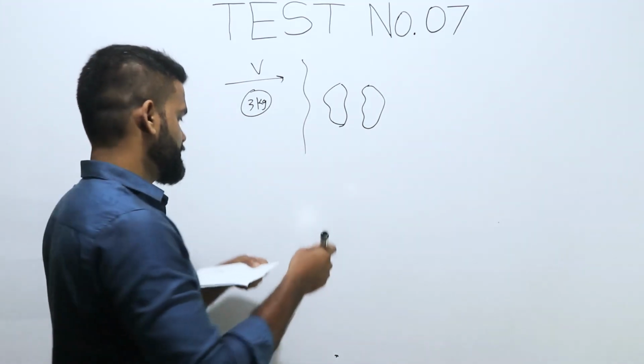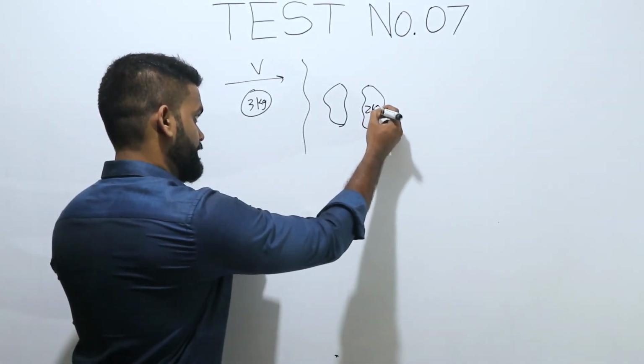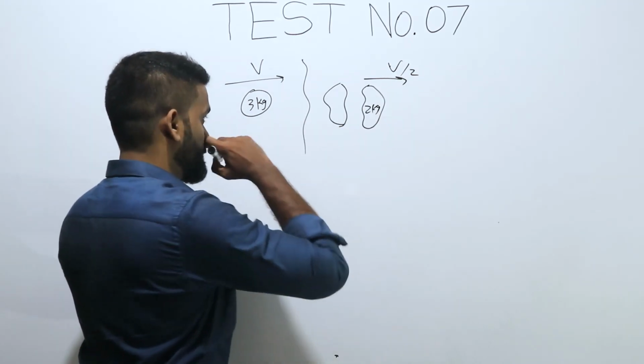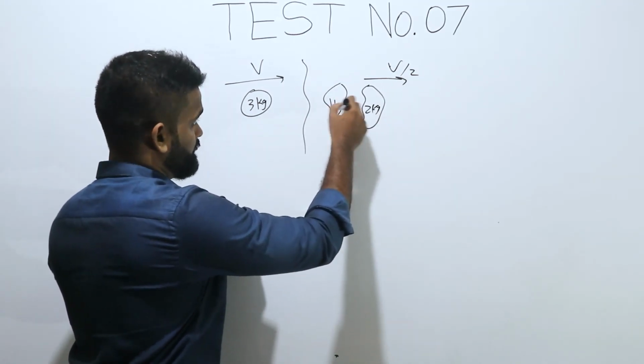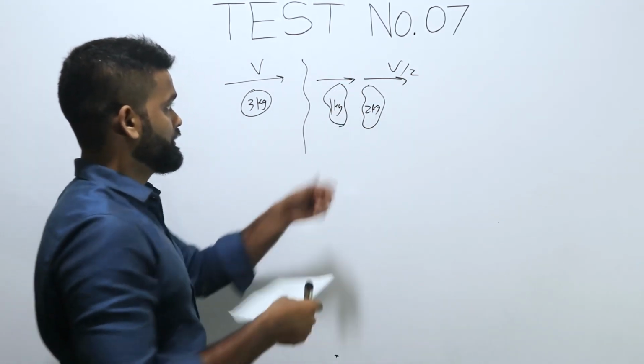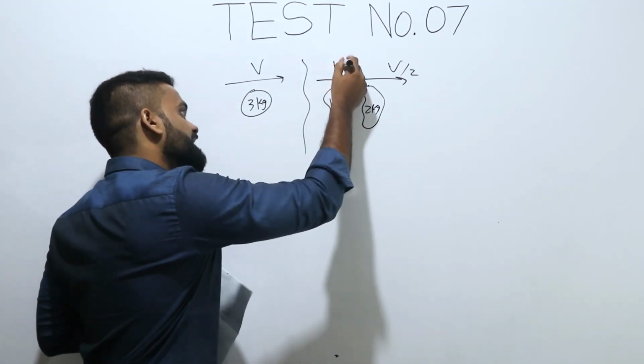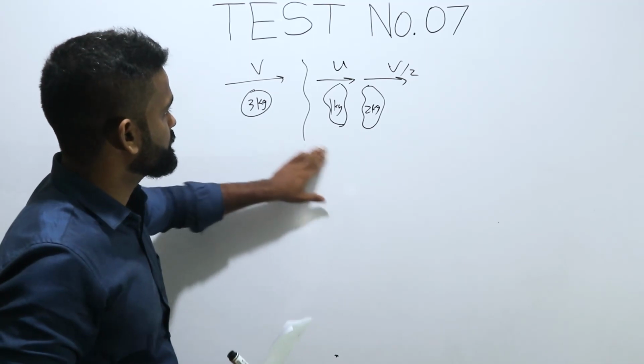They say the large part, that is 2 kg, moves in the same direction. Let's say at v over 2. Then what they ask is the velocity of the small part after the explosion. Let's take that velocity as u.